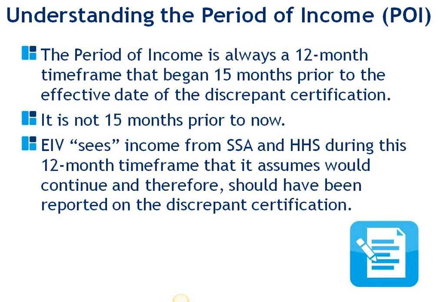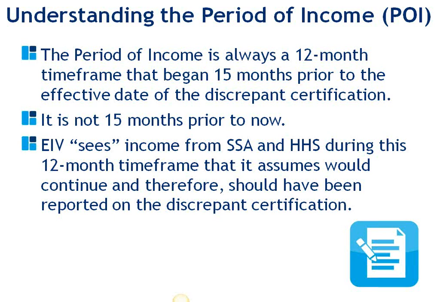Right. And then you run it for a 12-month period, and it ends 4/30/18. That is the period of income any time you have an August 1 cert that's discrepant. It works every single time. The formula is never off.